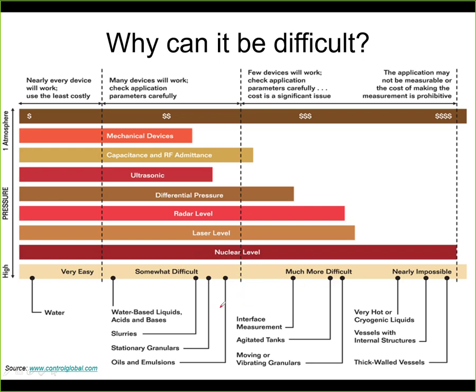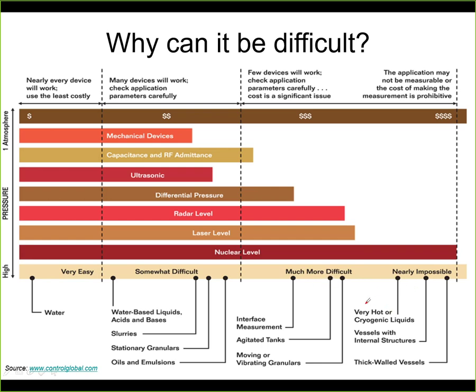So for example, if we have a mixture of water and acids, if we have slurries, if we have mixtures of water and oil and so on, then only some principles might be used. And if we want to add interface measurements, if we have an agitated tank, it gets more difficult.